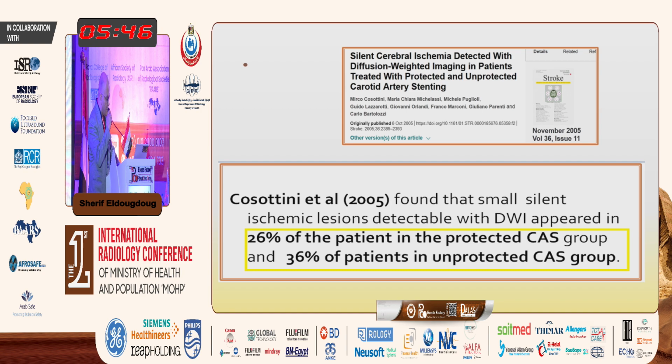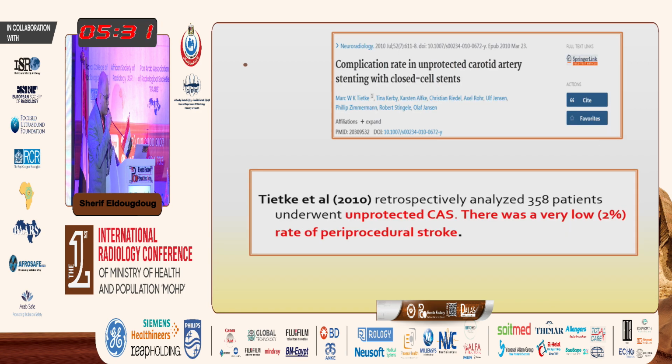And this study shows that 26% of patients in the protected CAS group developed signal changes in the diffusion weighted images, and 36% of patients in the unprotected CAS group. This study also shows, in a retrospective analysis of unprotected CAS, a very low rate of pre-procedural stroke.